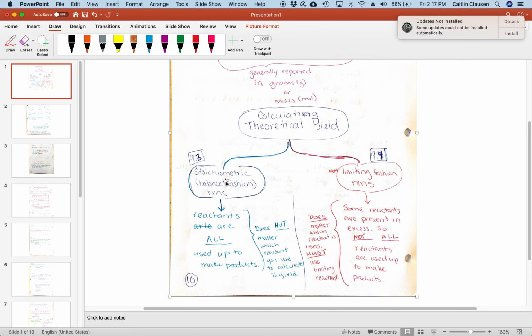Stoichiometrically balanced reactions are described as reactions where all of the reactants are used up to make product. So it doesn't matter which reactant you use to calculate your theoretical yield. In your lab, there was only one reactant, your starting salt unknown, that you heated, which then decomposed into a lot of products.